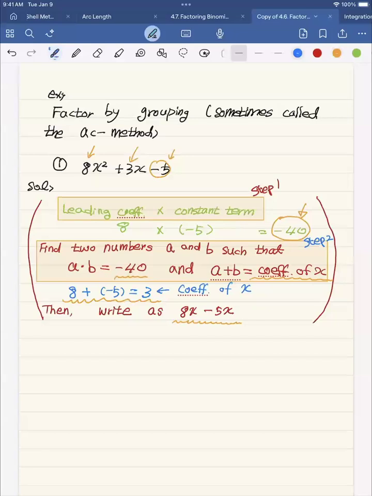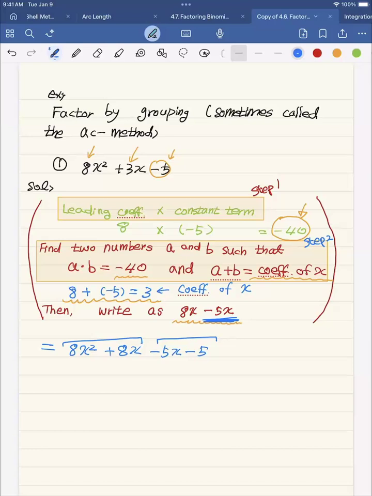So we will modify the given algebraic expression to 8x squared plus 8x minus 5x minus 5. I didn't write negative 5x first because by rearranging like this, we will have a common factor in the first two terms and a common factor in the last two terms.